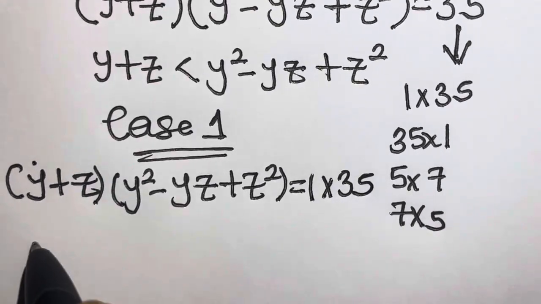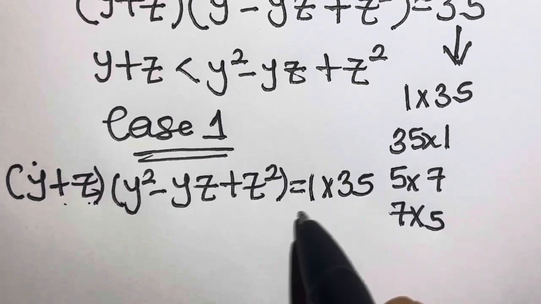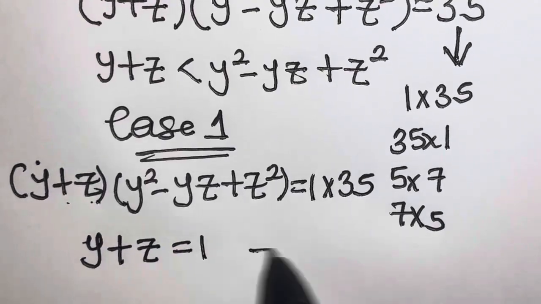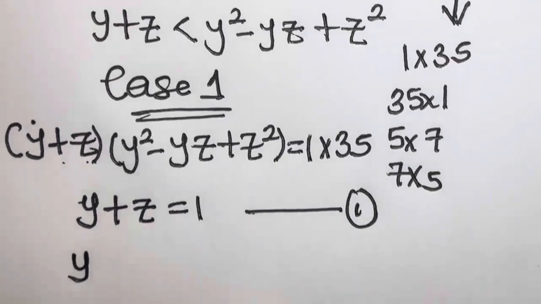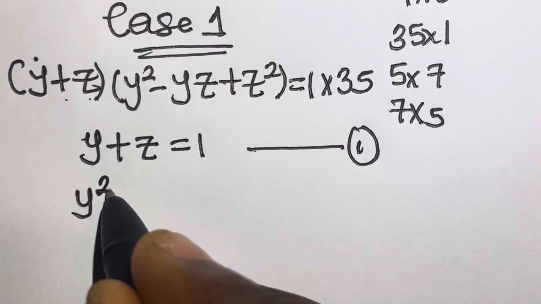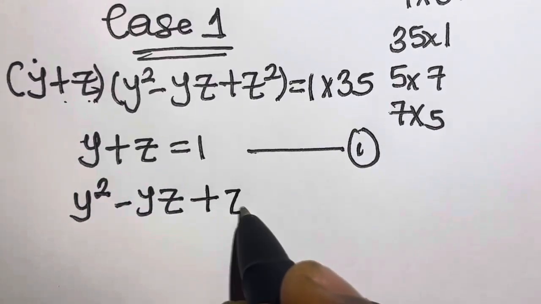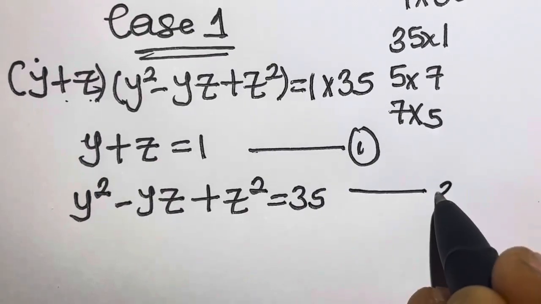This means that y plus z equals 1, and this equals 35. So we have y plus z equals 1. Let's number this equation 1. Also, we have y square minus yz plus z square equals 35. Let's number this equation 2.